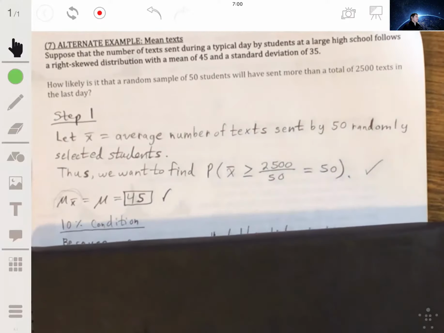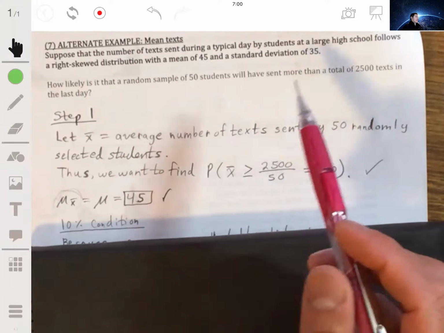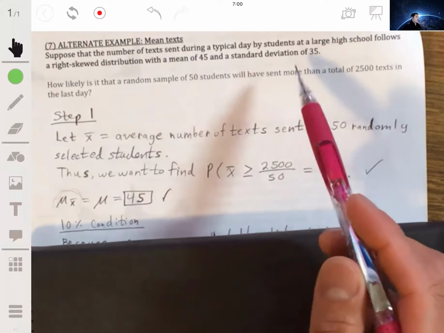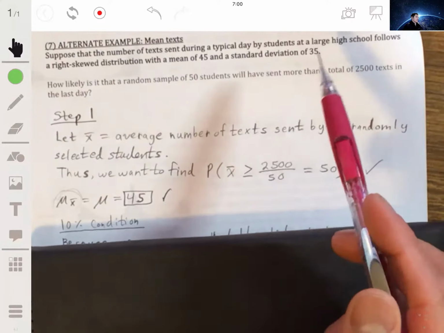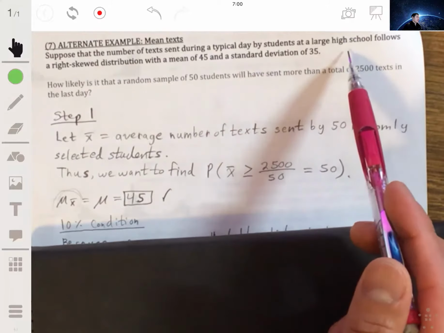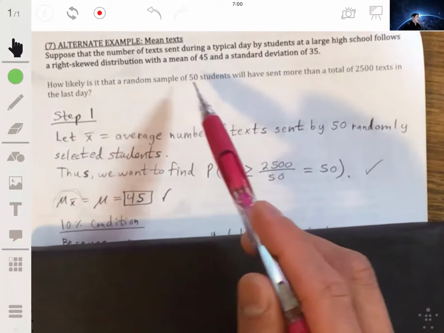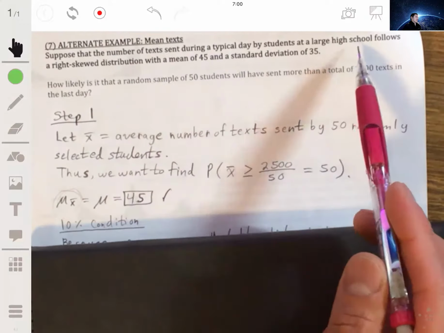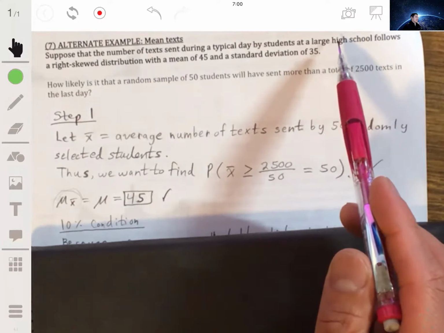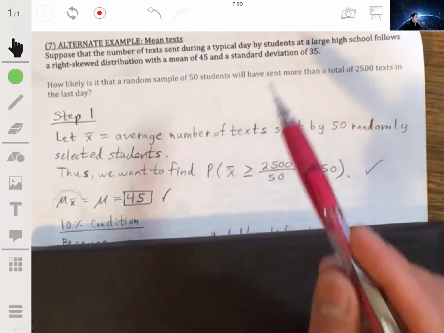So we're going to check the 10% condition. And again, you could just word it in a common sense way, because we're told that this is a large high school. So we can say that 50 is less than 10% of all the students at the high school, because it would make sense for a large high school to have at least 500 students.